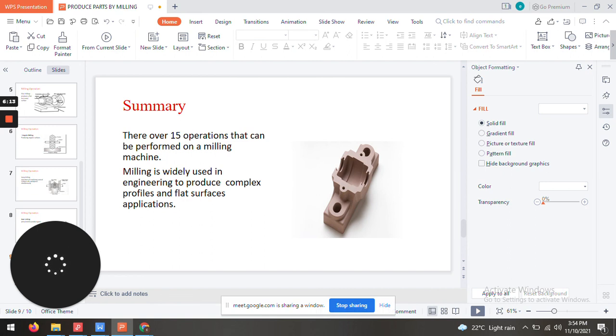You can see the operations that have been done there. There are slots, there are plane cuttings, there are drilling operations, so many operations that you can produce from the milling.